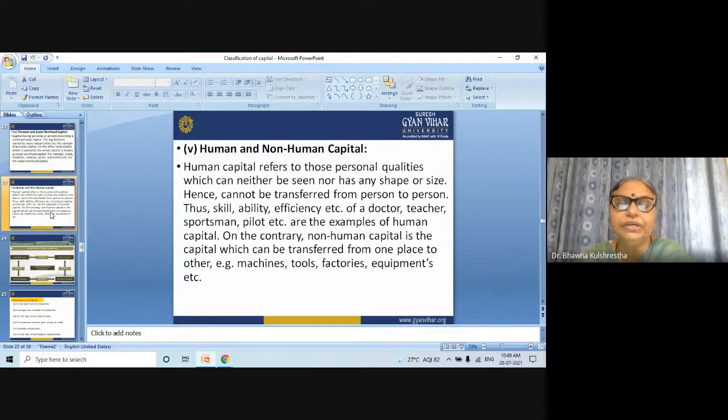On the contrary, non-human capital is the capital which can be transferred from one place to another.